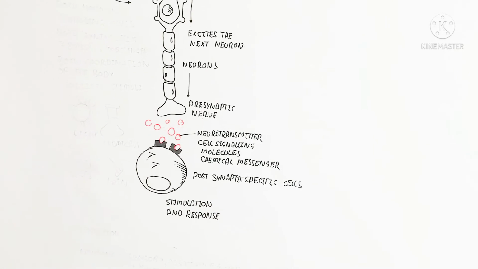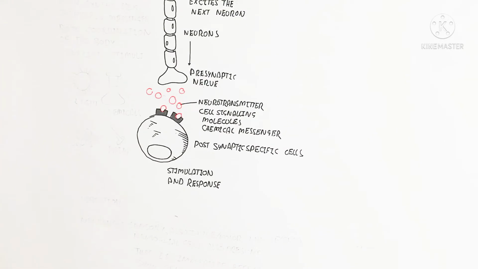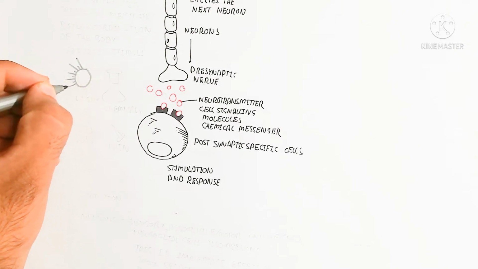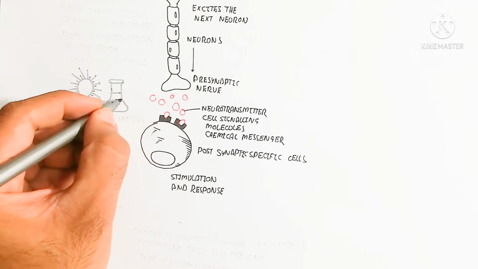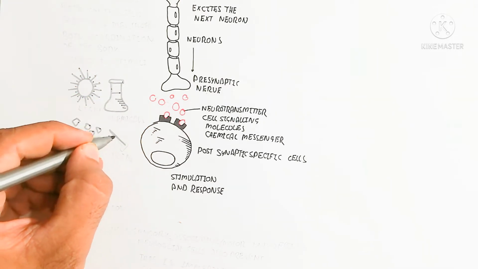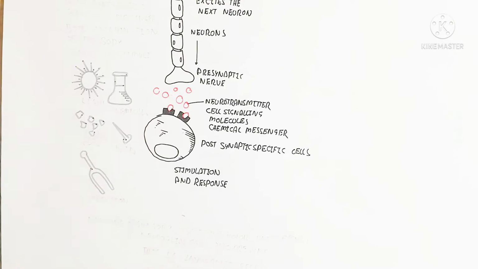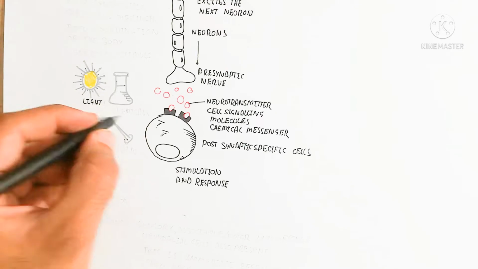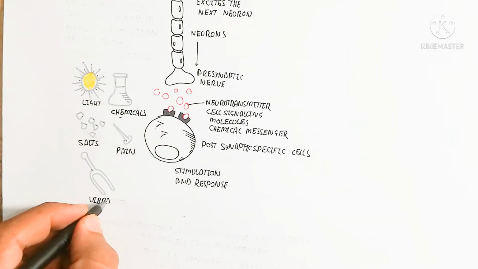For example, the stimulation and response here is muscle contraction through a motor neuron from sensory neurons. Here you can see the different stimuli: pain, light through our eyes, chemical or salt through our taste, pain through our touch or severe touch, and vibration through a tuning fork.